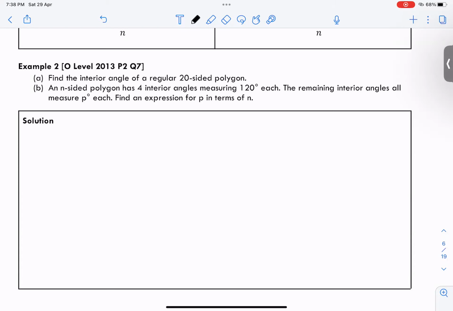Just try to apply the formulas you see on the top of the page to the question.